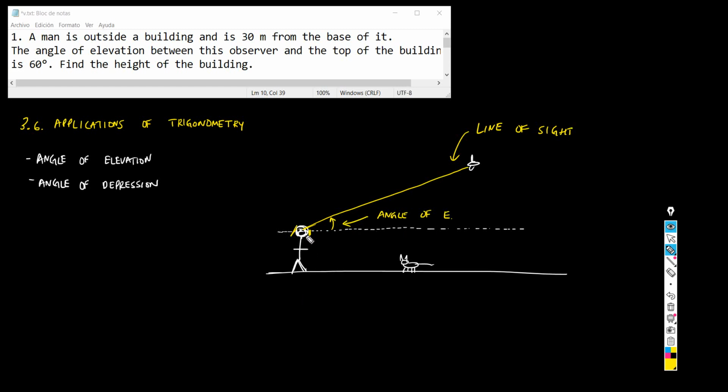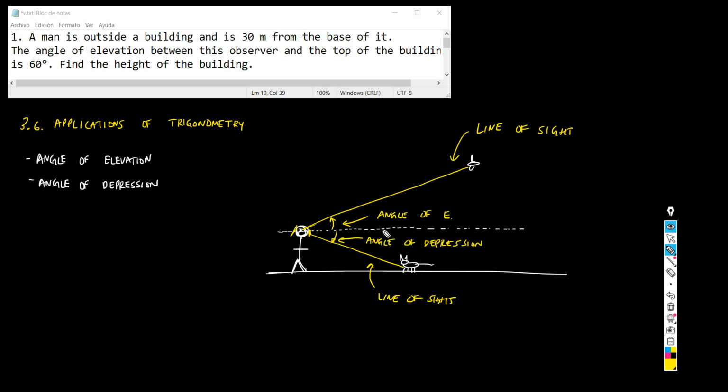And something similar goes when this person looks down. If you trace a line from her eyes to this cat, in this way, then you can see that the line of sight makes an angle with the horizontal, which is this angle in this case, and this is known as the angle of depression.